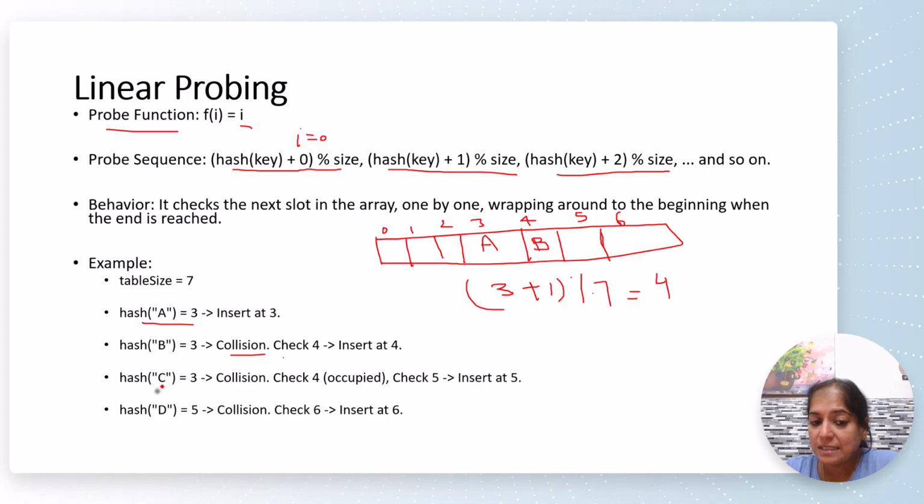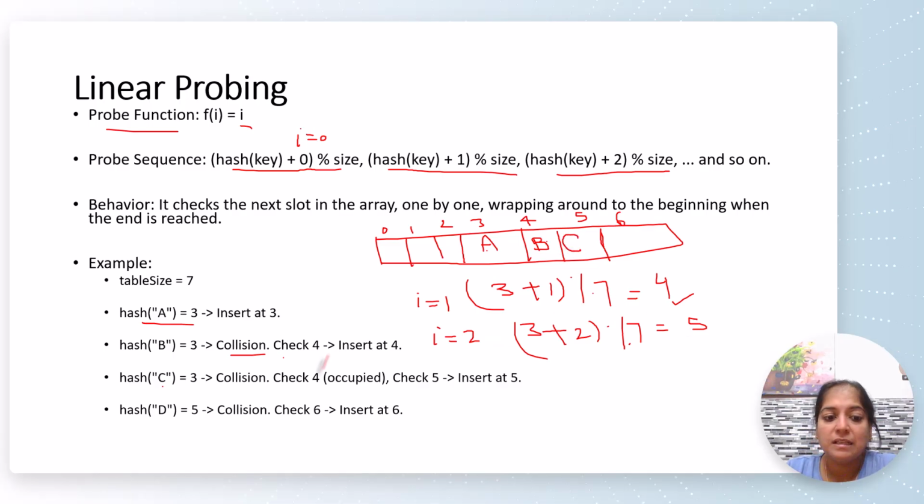Now we want to insert C. Index 3 is already occupied. We check again with linear probing. We put i equals 1, which gives us index 4, which is already occupied. So we take i as 2, which becomes 3 plus 2 mod 7, which gives us 5. So at index 5, value C is going to be inserted. The same way, value D, let's say D gives us index 5, which is already occupied.